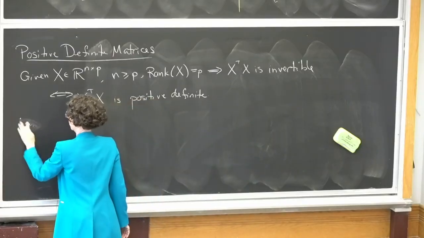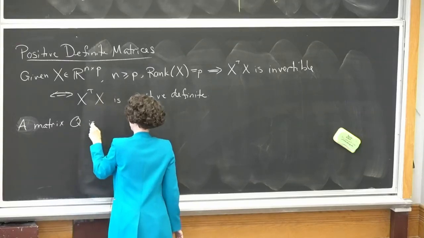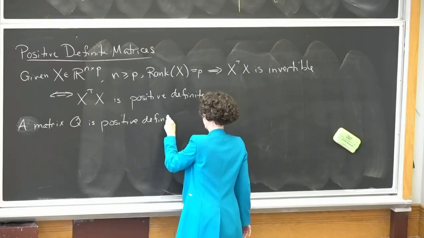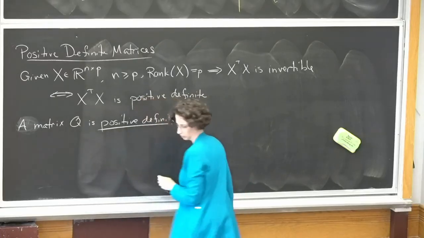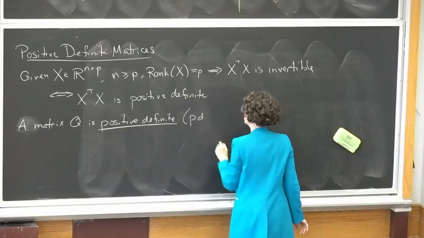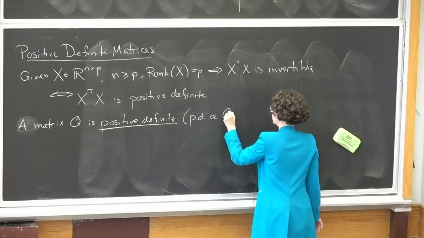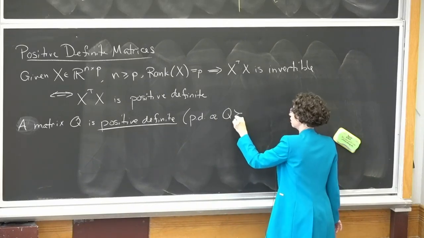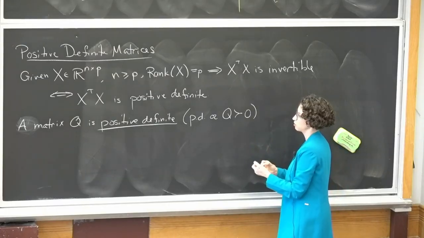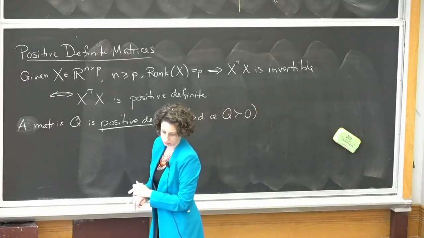So a matrix Q is positive definite. And we write this sometimes as PD, or we might say that this matrix Q, we write it as this curly greater than sign and then a 0. So both of those things correspond to positive definite, PD or Q curly greater than 0.